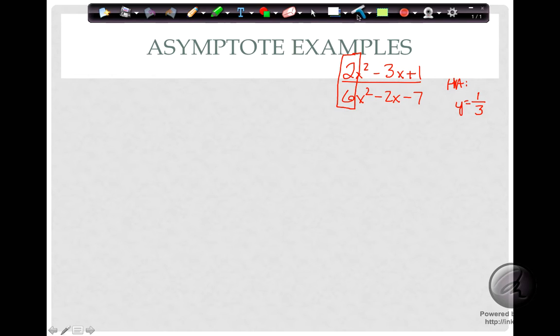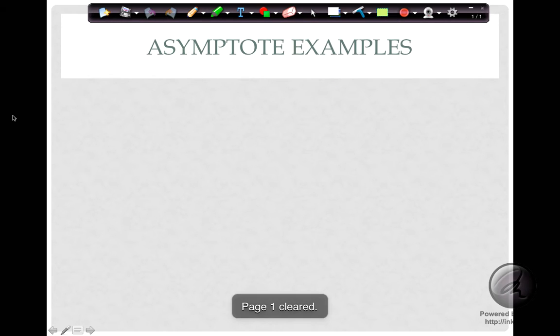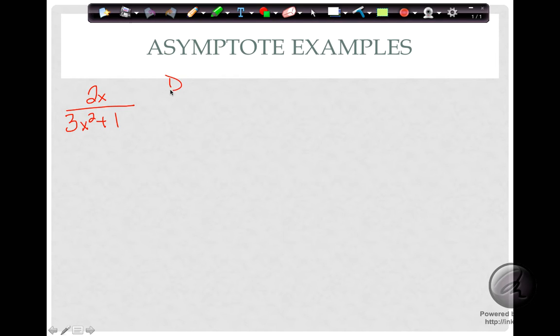So let's try to do a few examples here. We're going to look at everything on these particular examples. Let's try 2x over 3x squared plus 1. If I wanted to think about the domain, I need to think about what makes the denominator 0.